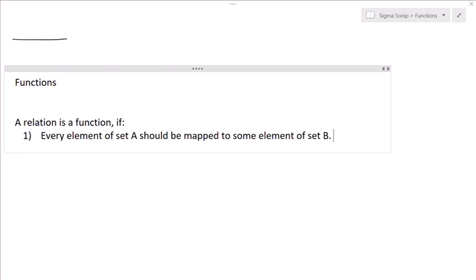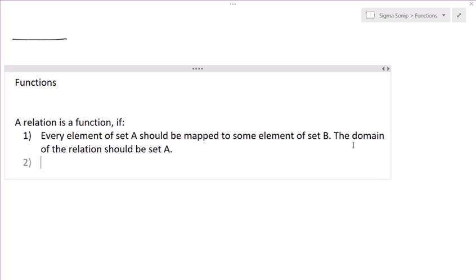So it means that the domain of the relation should be set A. The whole of set A should be in the domain, which means every element in A should be related or mapped to some element of set B.